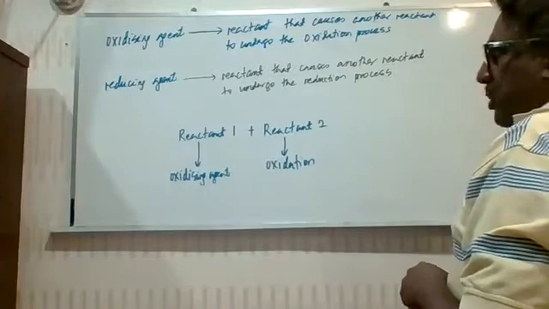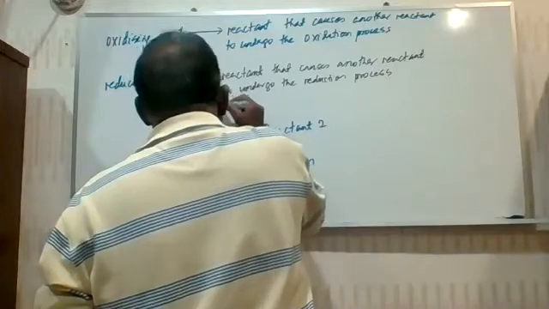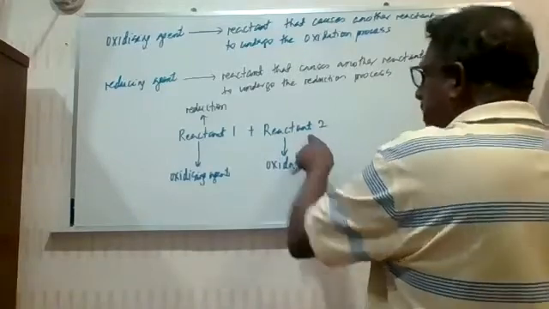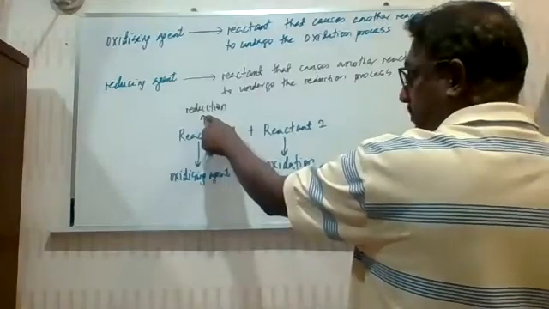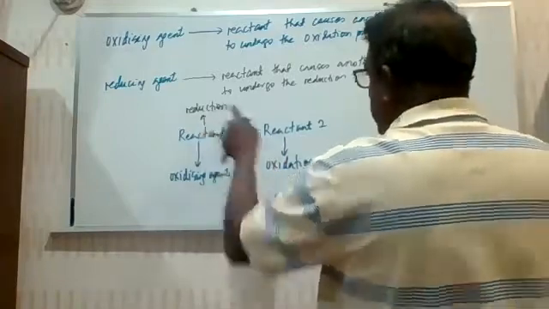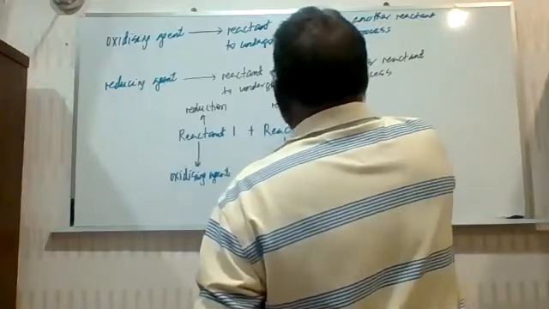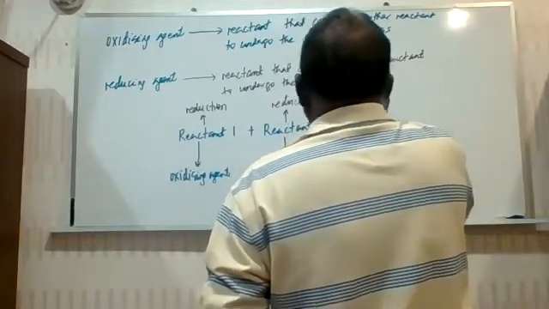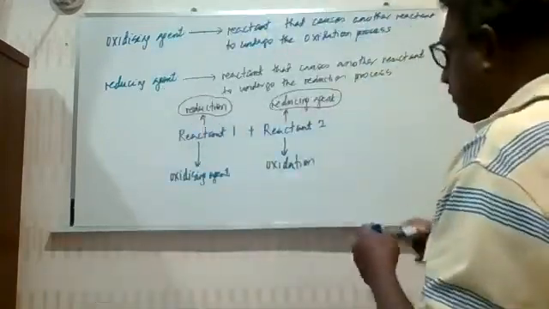So if reactant 1 undergoes reduction, then it must be reactant 2 that causes reactant 1 to undergo reduction, because only two of them are reacting. So since reactant 2 caused reactant 1 to undergo reduction, reactant 2 must be known as the reducing agent.